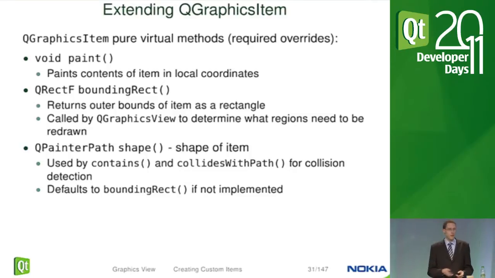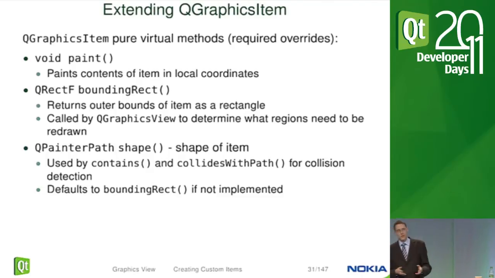That's an abstract class. So if you want to have your custom item, you have to inherit from that, and at least implement paint, which unsurprisingly will be the method that actually paints the item onto the screen, and boundingRect, which specifies the area in which your item will be shown and how large it is.